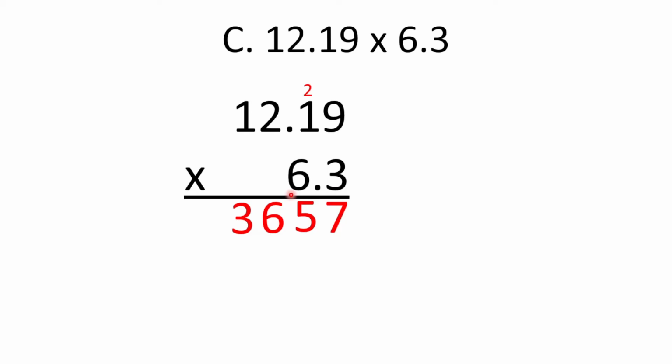Now, we're going to have on the 6. So, 6 times 9, we have an answer of 54. Sir, saan natin ilalagay po yung 54? Basically, guys, don't forget pagka multiple digits yung multiplier natin.